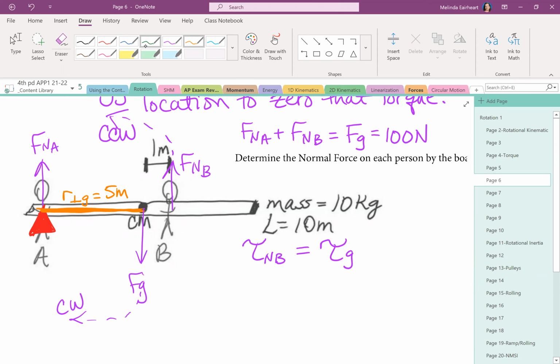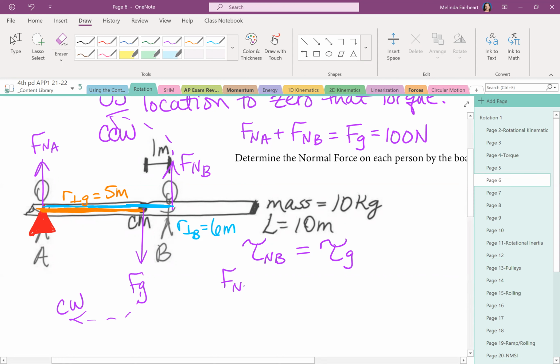What about B? What about that little bit more? It's a vertical force. Your lever arm would be horizontal again. And so R perp for B would equal what? 6. And so each of those forces, each of those lever arms, let's plug it in.